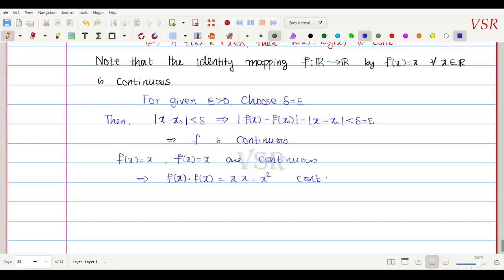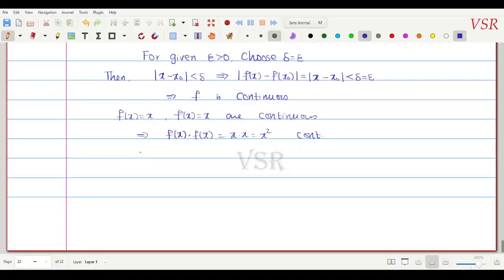Similarly, I call this function f square of x, which is equal to x square, and f of x equal to x, both are continuous. So this implies that f square of x into f of x, which is x square into x, equal to x cube, is continuous.